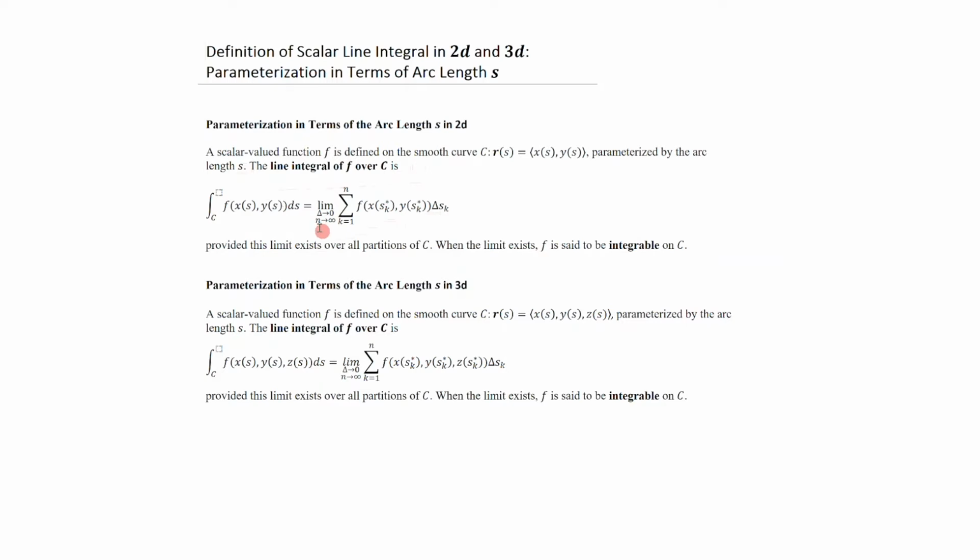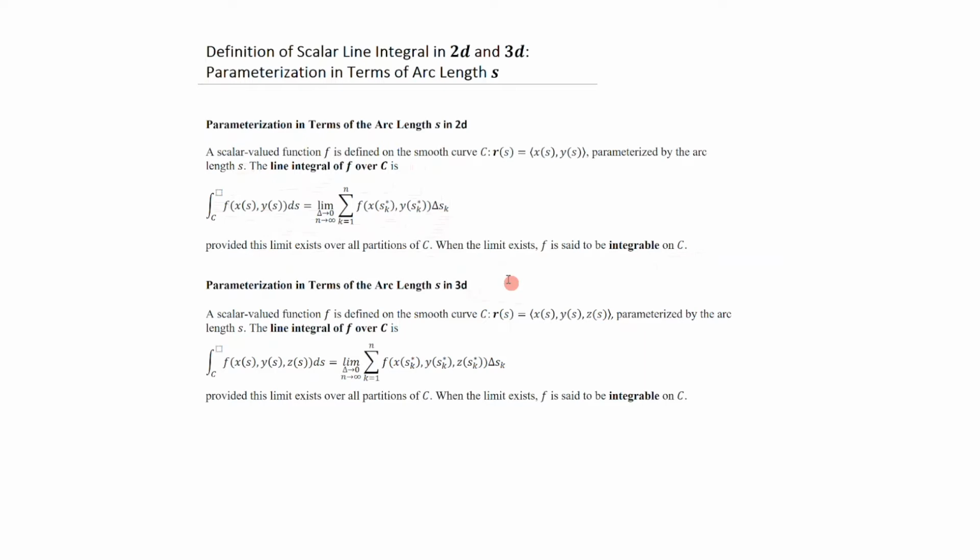Notice that the number of elements goes to infinity, and at the same time the width gets smaller and smaller. So in the limit, this expression becomes the integral over that curve, provided the limit exists over all partitions of the contour C. When the limit exists, f is said to be integrable on C. We can extend this also to 3D, that is, a curve in 3D.